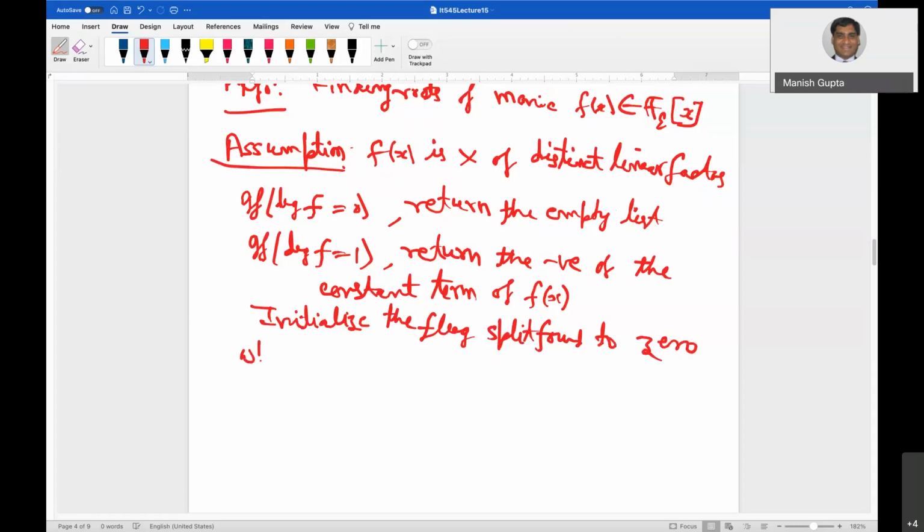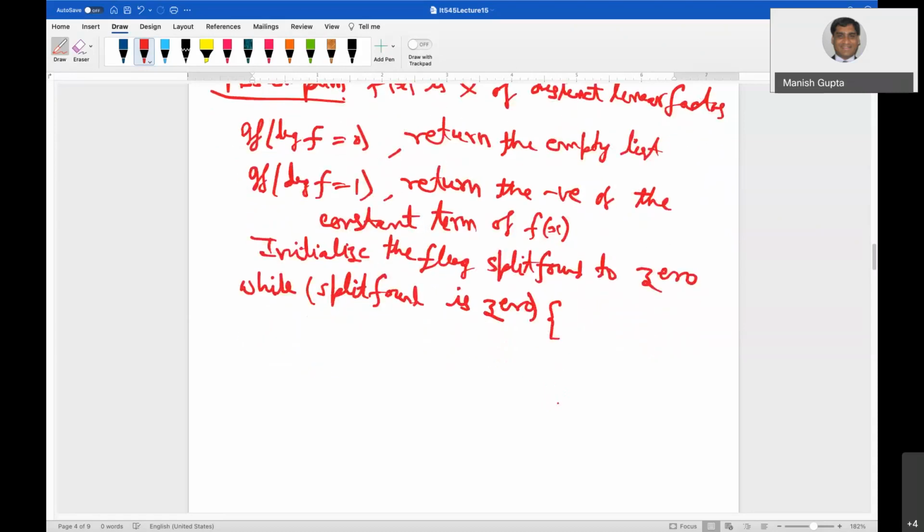While split found is 0, what we do? So this loop will run while split found is 0. Choose alpha from Fq randomly. Anything I can take.